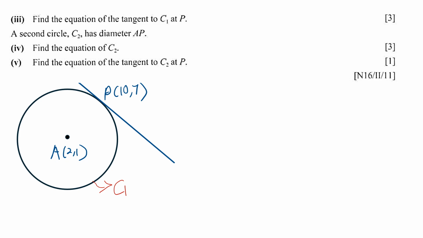So how do you think you can draw the diagram? Where do you think the circle has to be? Yes, okay, your C2 will have to be that. And why do I draw it there? Because if you look at part 4, you're asked to find the equation of a tangent to C2 at point P. That means this point P has to be on both circles, C1 and C2.